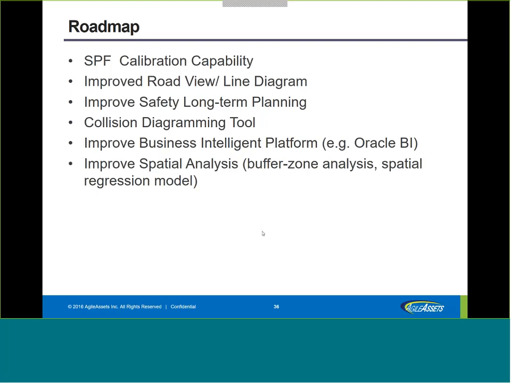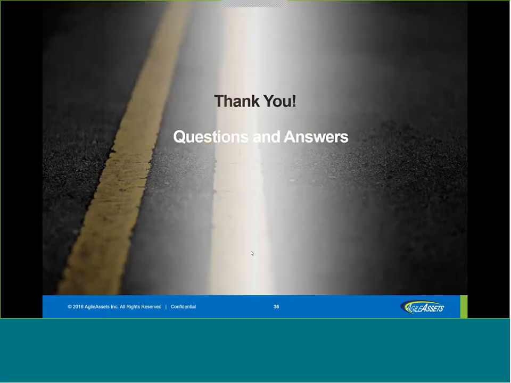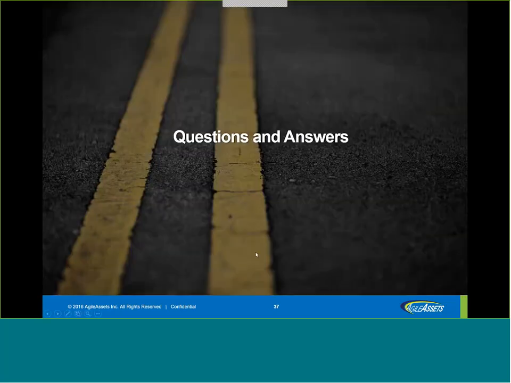And our ultimate goal is to have a spatial analysis tool, more like cutting-edge techniques such as spatial distribution models or buffer analysis, which we also want to include in our software foundation. With that, I'd like to conclude my presentation, and I'll wait for your questions if you have any at this stage.